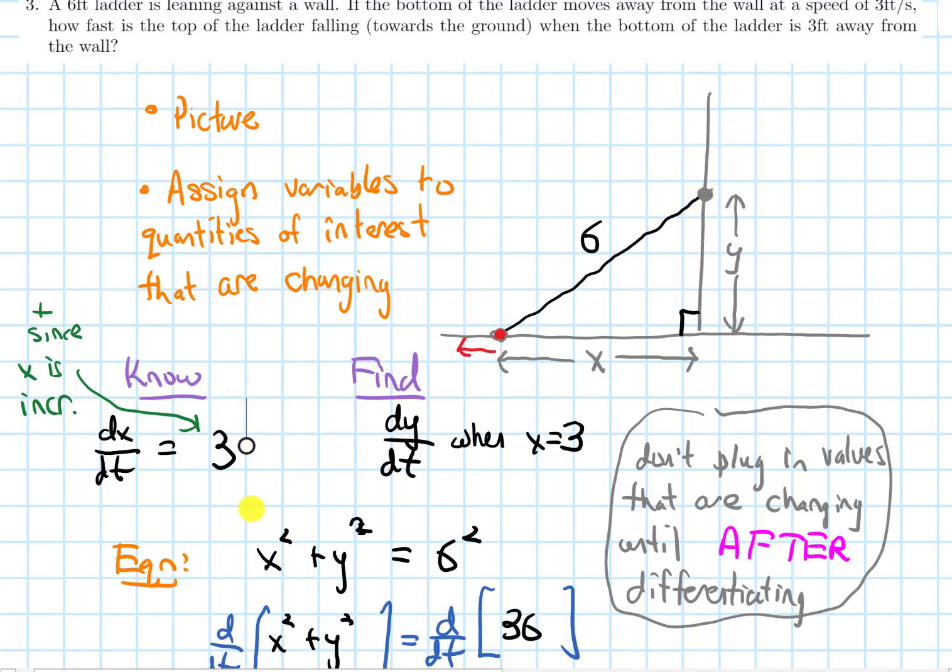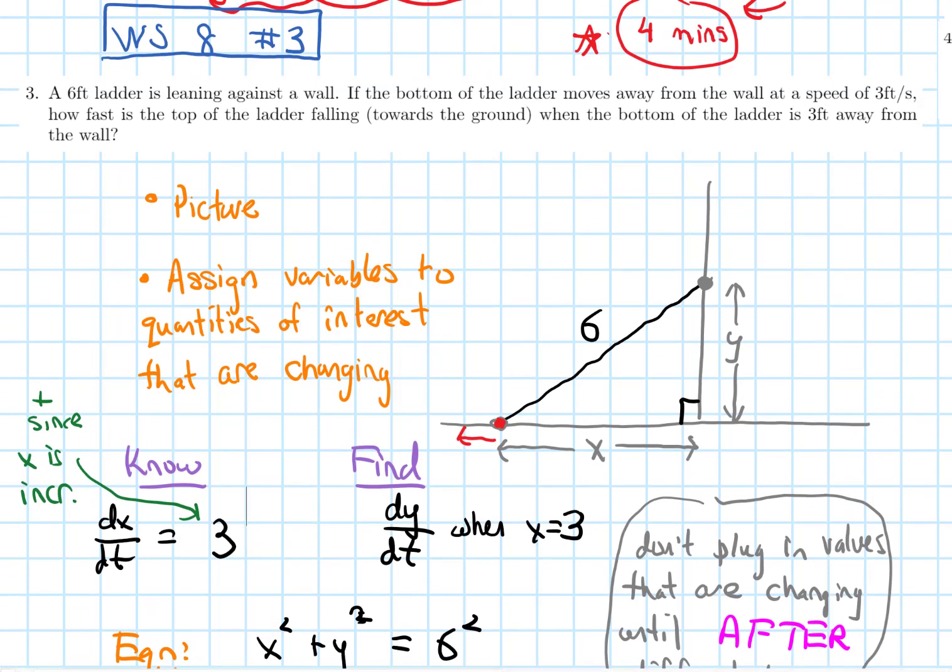Okay, so the final thing is, remember, the question asked how fast is the top of the ladder falling towards the ground? That means we're considering the direction towards the ground as the positive direction. So if the top of the ladder is moving towards the ground, which it is, my speed here should be a positive number.